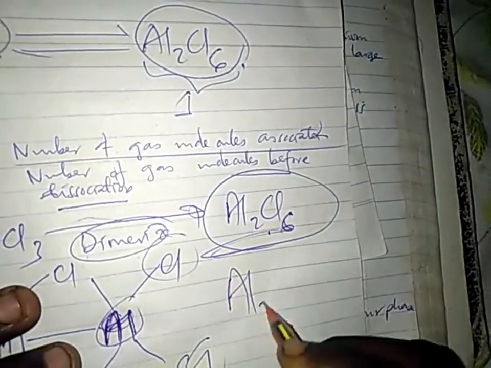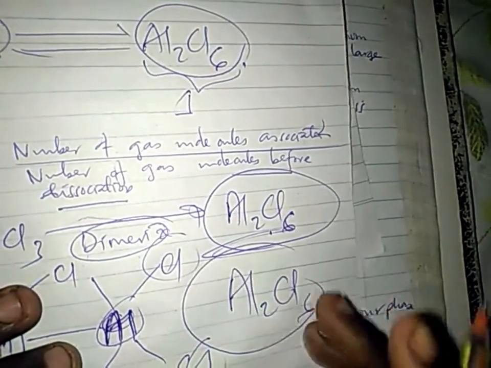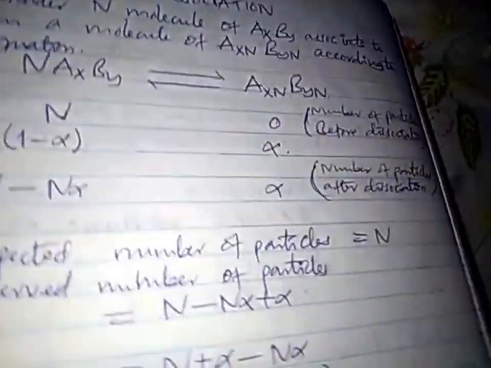So Al2Cl6 is the dimerized molecule of aluminium chloride. In short, aluminium chloride in the vapor phase can dimerize.